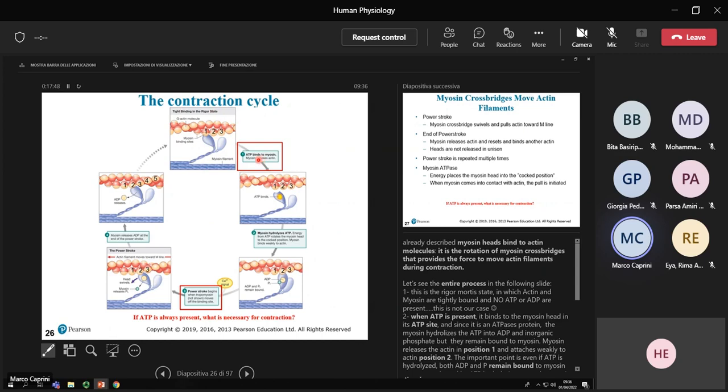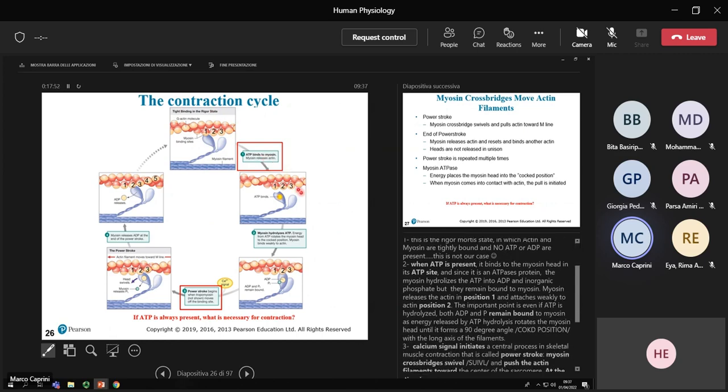When the ATP is present, it binds to the myosin head, in the ATP site, here. And since it is an ATPase protein, the myosin hydrolyzes the ATP into ADP and inorganic phosphate.